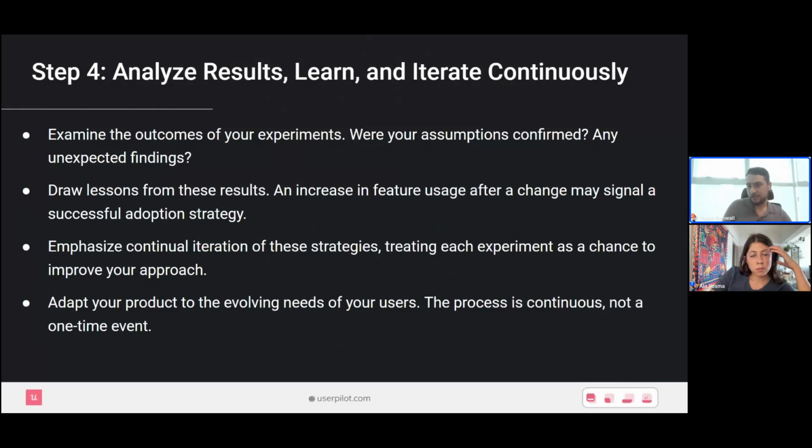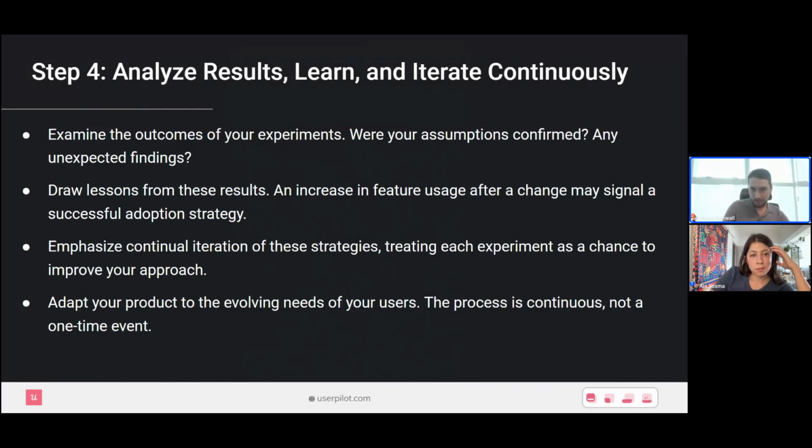Obviously it's not always easy, because a lot of times it's very difficult to come up with these hypotheses and confirm them. But 100%, if you're intervening at the right moment, you will push that user activation up.